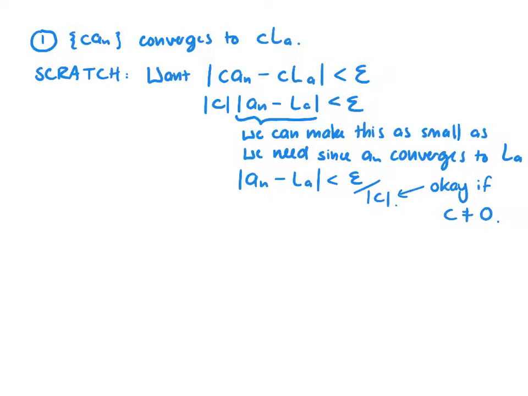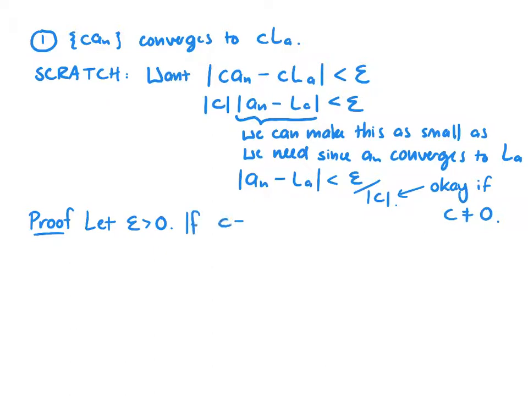Okay, so here's how the proof is going to go. I'm going to let epsilon be greater than 0. Remember, I talked about C being non-zero to do that division there. That's what I'm going to require here.